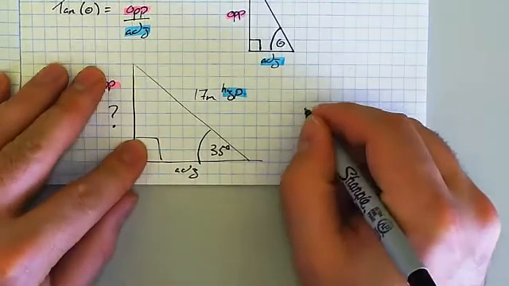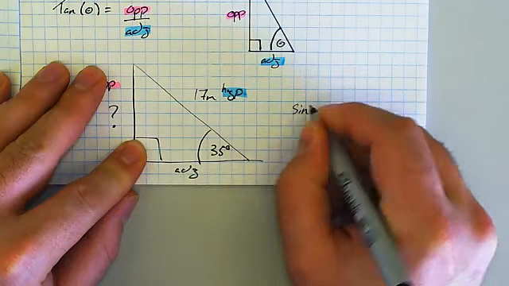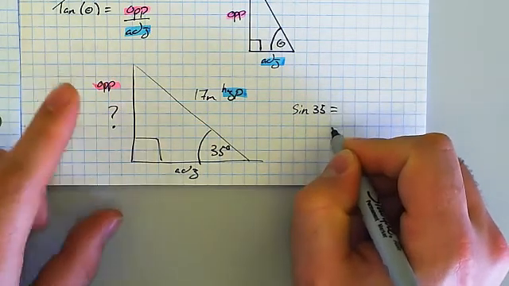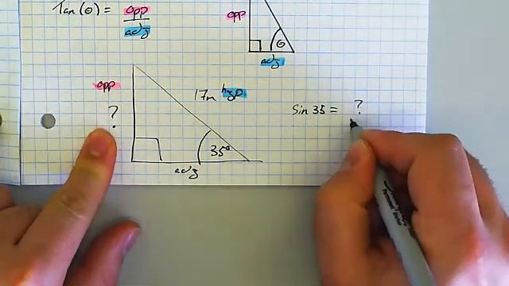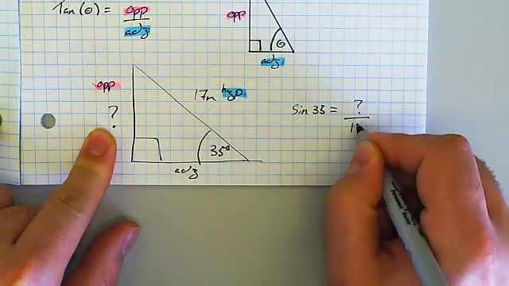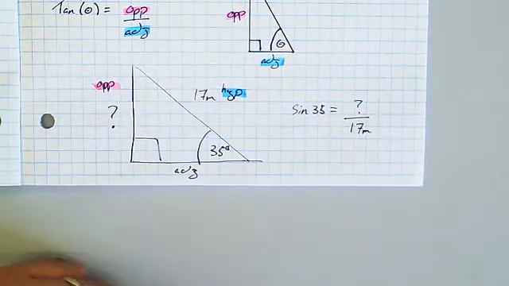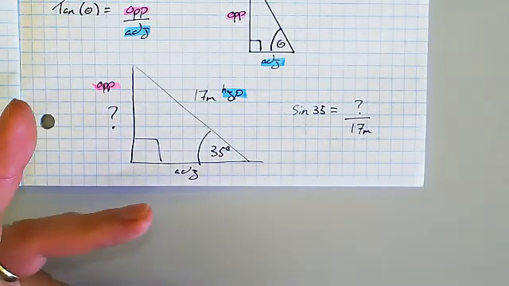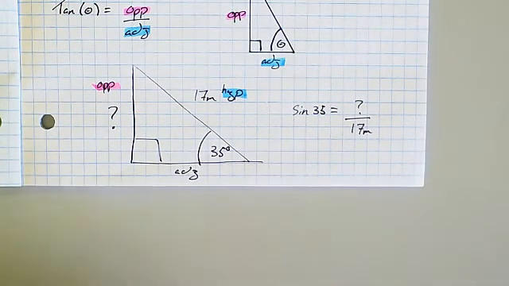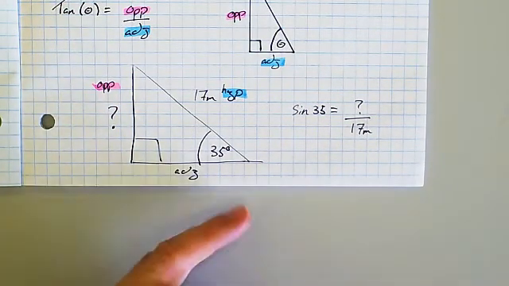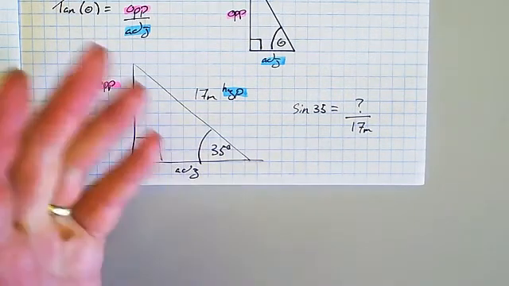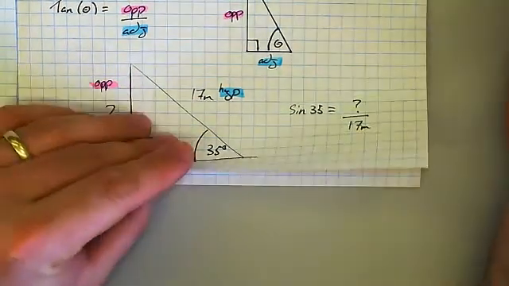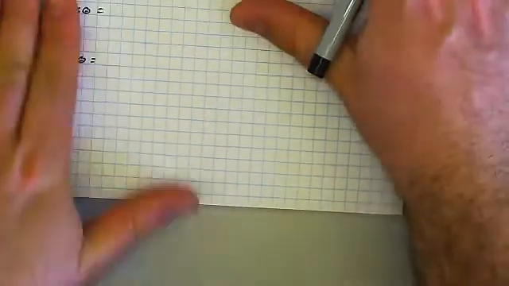So I would then fill out and say sine of my angle, which would be 35, equals the opposite, which I do not know, divided by my hypotenuse, which would be 17. For today, we're going to stop there. In later lessons, we're going to continue and solve this. But this is the basic steps for solving trig questions. You always start by labeling your triangle, picking your correct formula, and filling it in. Once you've filled it in, we then solve the formula.